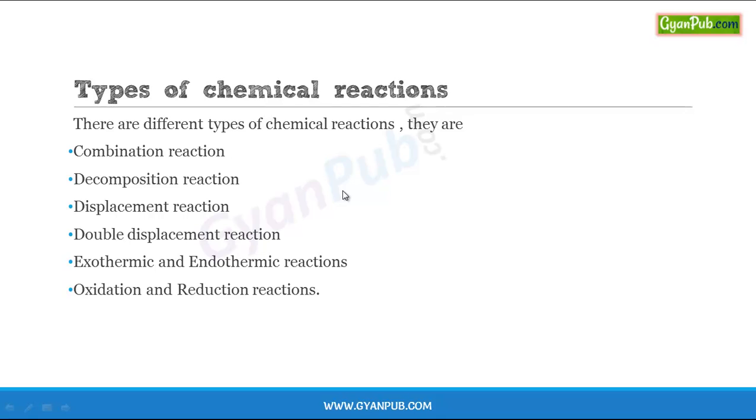The substances make bonds between them or dissociate bonds between them, and due to this making, dissociating or displacing between themselves, different types of chemical reactions occur. So let us discuss these chemical reactions, and now let us discuss the combination reaction.